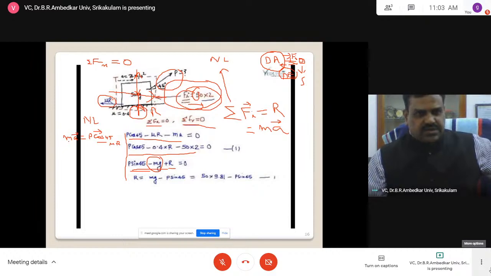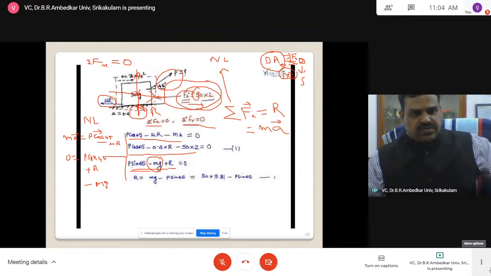Similarly, the other equation: mass into acceleration in y direction is 0, equal to the upward force P sin 45, and R is upward, plus R, and the weight is downwards, minus mg.